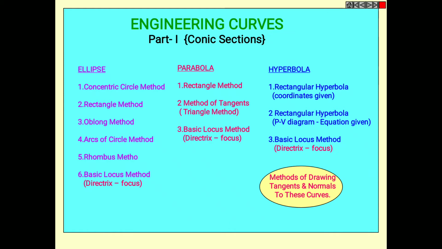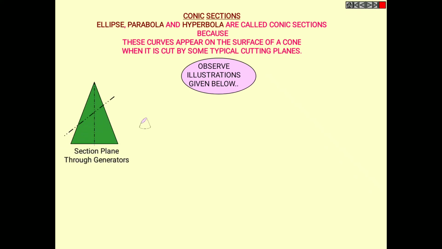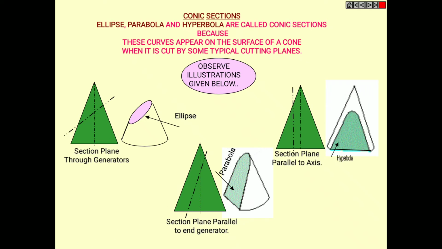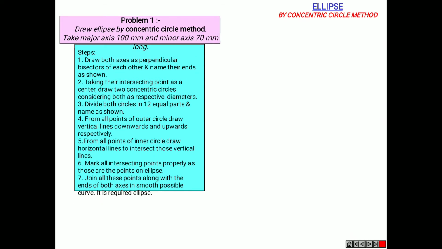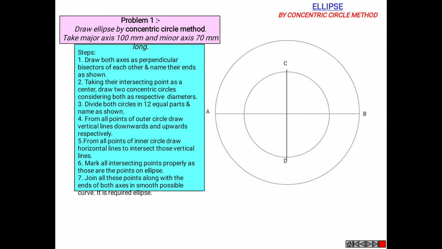So we'll see a small recap of these things. This is slightly about the ellipse. We have seen the concentric circles method. You can see here, this is the concentric circles method. This is the rectangle method, and this is the oblong method.